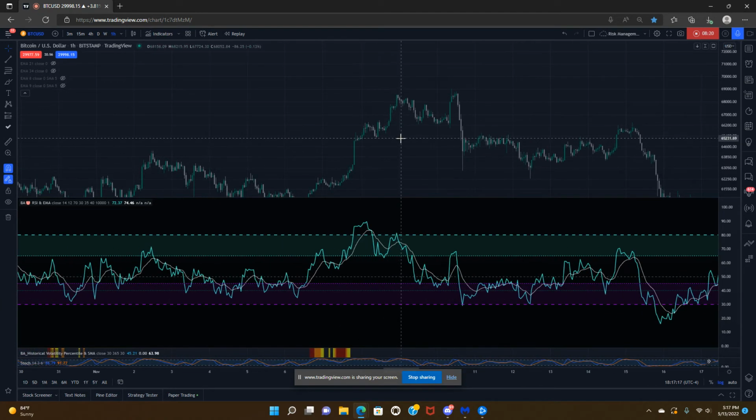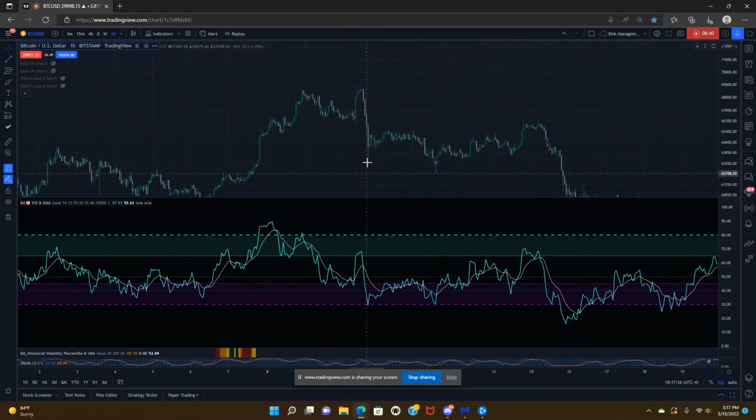Right here, you get a very extended reading way up into the 90 level, and then one last push higher. Actually, it's a three drive, because you got this push and then this push, but you can see the RSI is driving down, and then you get it in the opposite direction here.